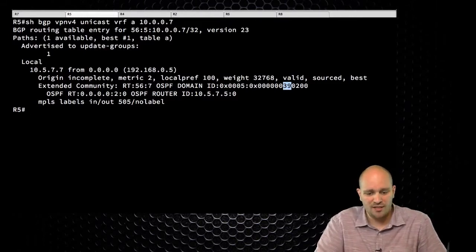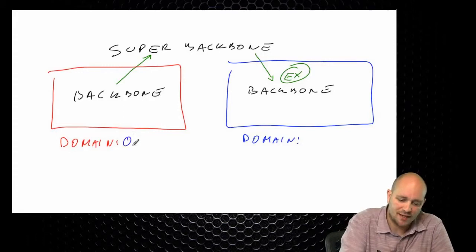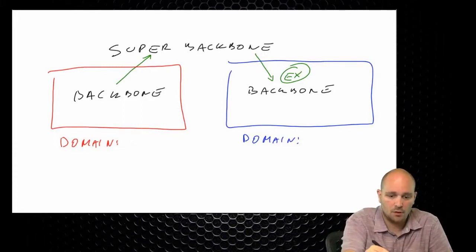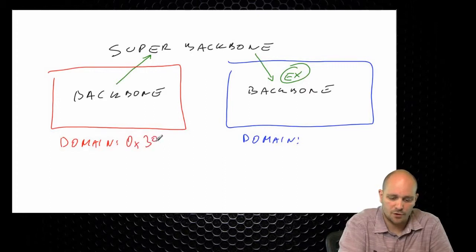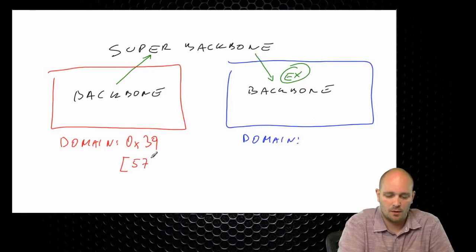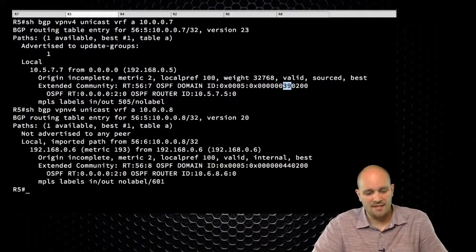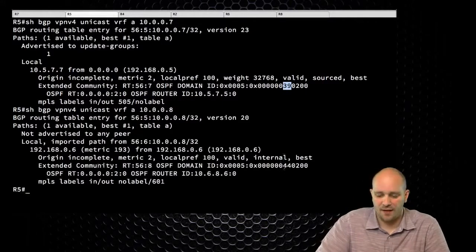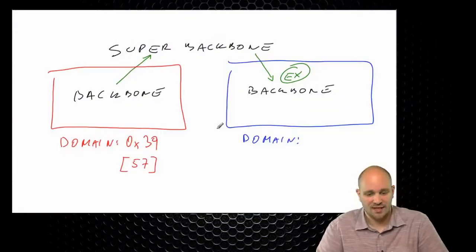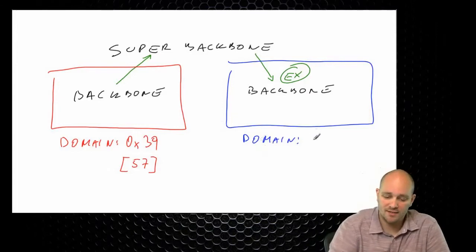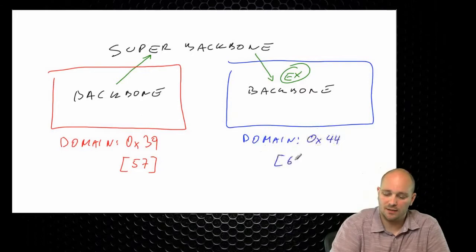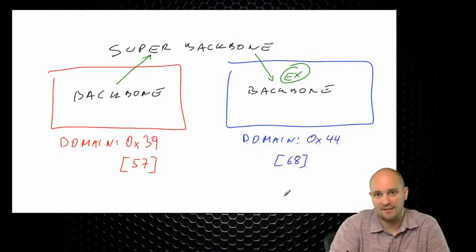So this would be the domain that is on the red side. It is 0x39, which incidentally, if you translate, will be 57. And here you might be seeing where I'm going with this. This is the domain that is identified for our route learned from R6. My blue domain here has the value of 0x44, which incidentally is 68.